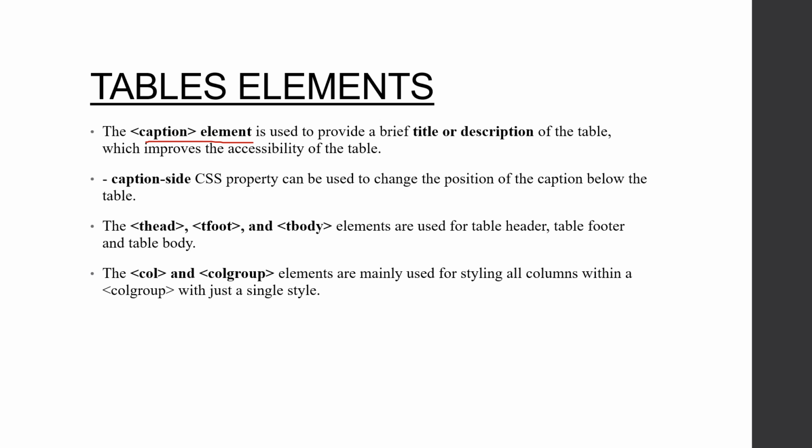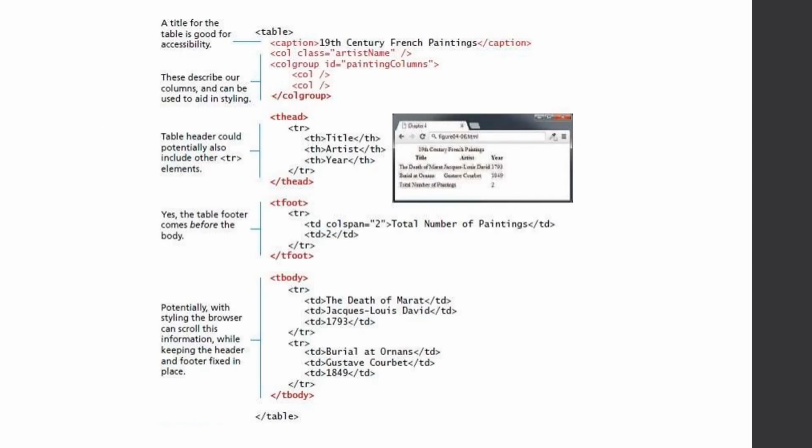So we are going to study about this in the table. So this is the table for the additional table element. Here we are using caption. A title for the table is good for accessibility.